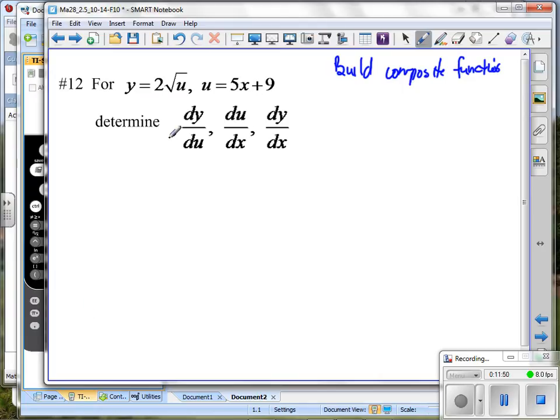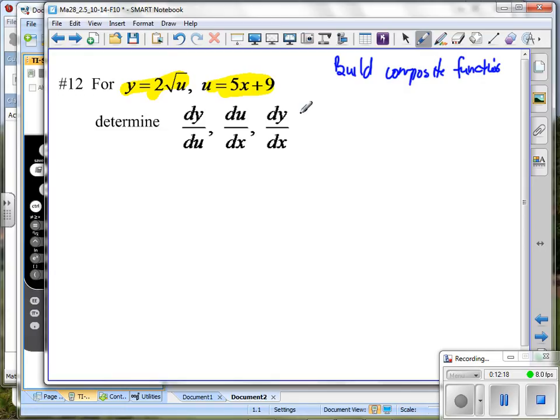Which one is it here? Which one's inside? If I'm given this information, these two quantities, I'll highlight them here. This is one, and then this is the other. If I'm given that information, can you see a composite function?